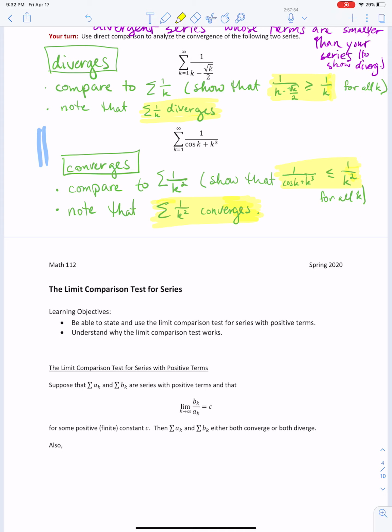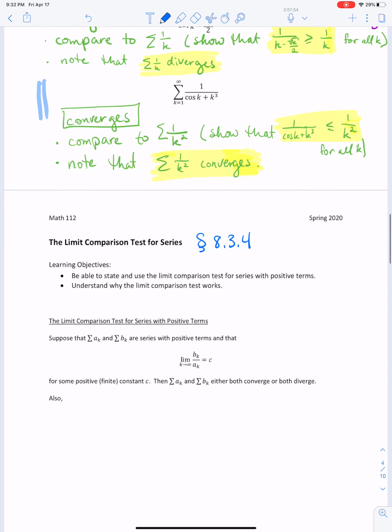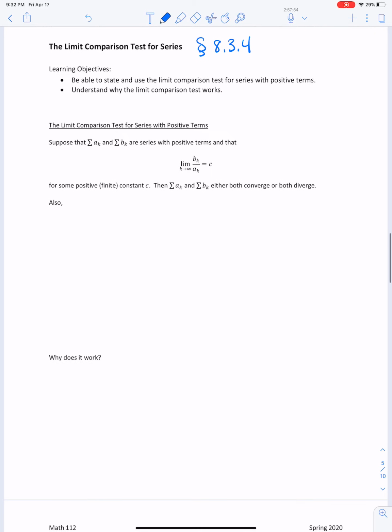The comparison test for series is found in section 8.3.4 of your text, so that you can find that easily. I've put a statement here for you, straight from your book, just for convenience for your notes.